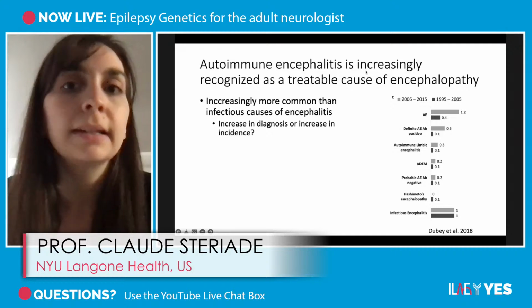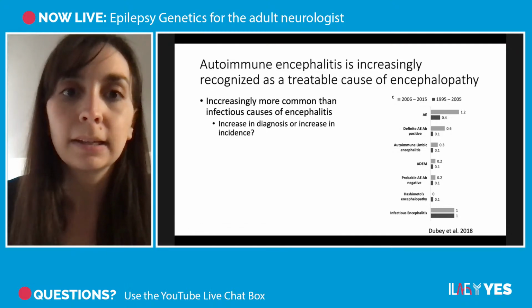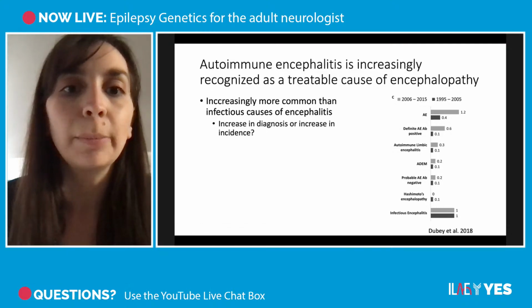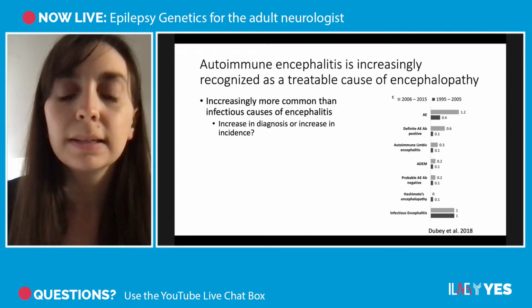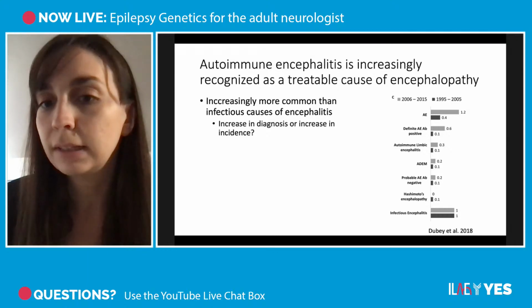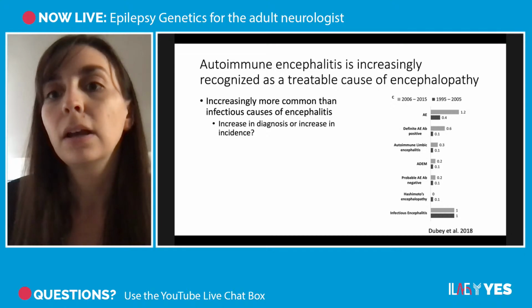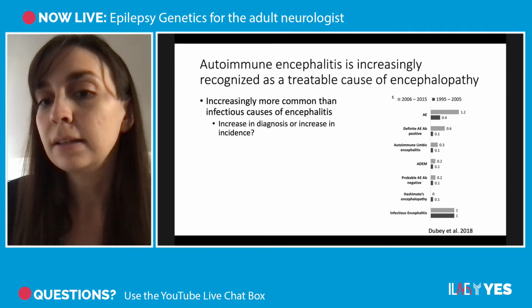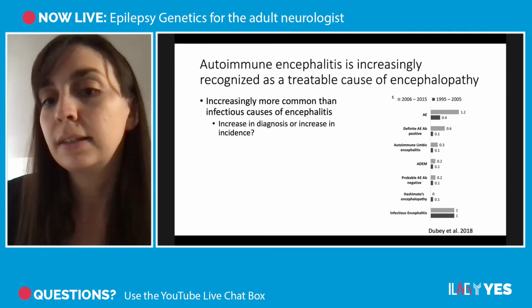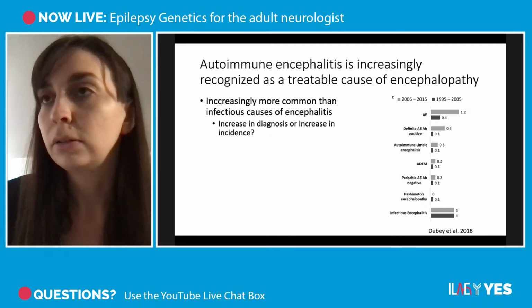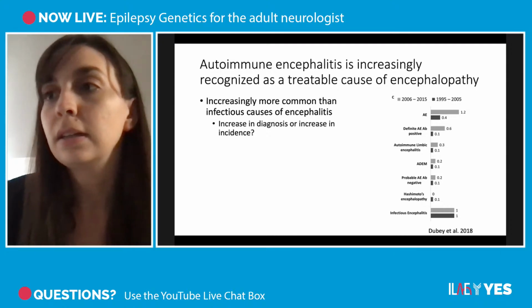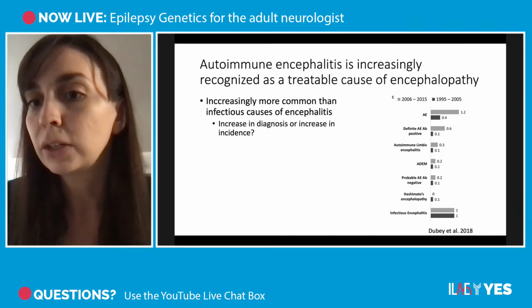So autoimmune encephalitis has become increasingly recognized as a treatable cause of encephalopathy. In fact, recently there was an epidemiological study that looked at the incidence of autoimmune encephalitis compared to infectious encephalitis, including viral encephalitides and other proven infectious causes.